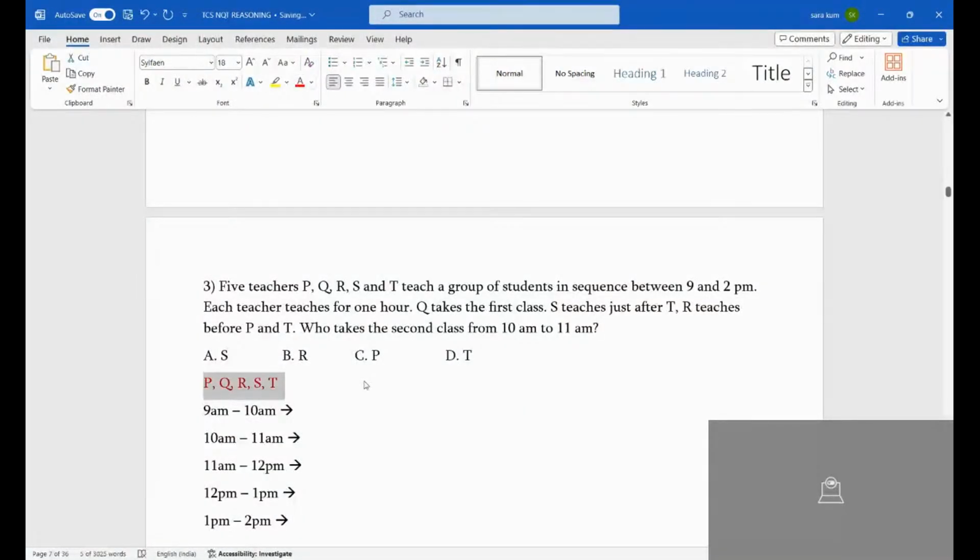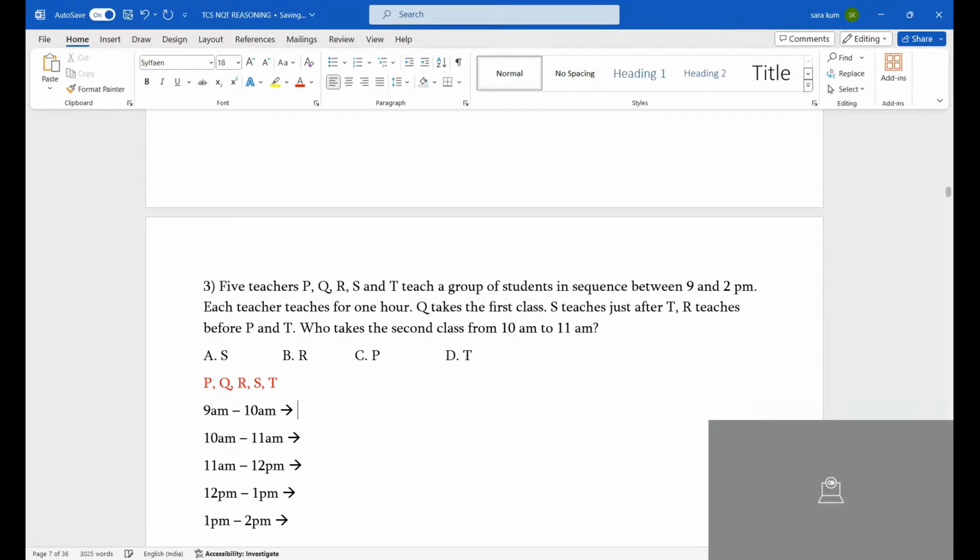Your job is to arrange these five teachers in these five slots. Now, how do you do that? Take the clues one at a time. This is the first clue. Q takes the first class.